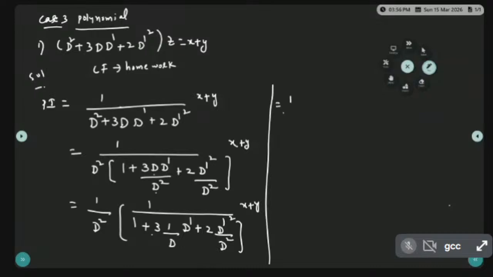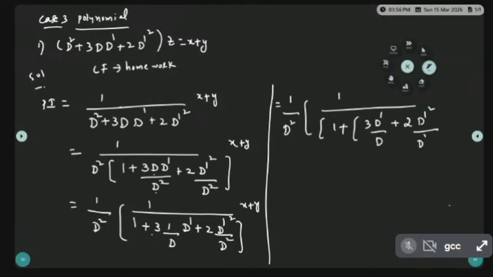Now 1 by D² into, the first priority is 1. Remaining terms are the second priority. What are the remaining terms? 3D'/D plus 2D'²/D² into x plus y. Now send the denominator to numerator.